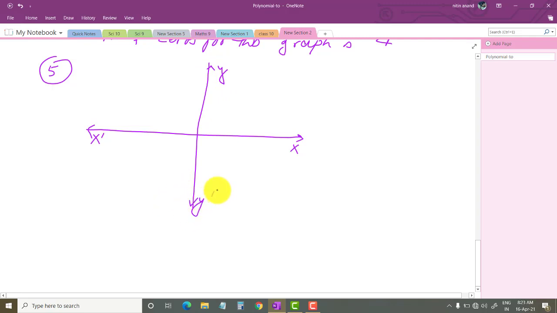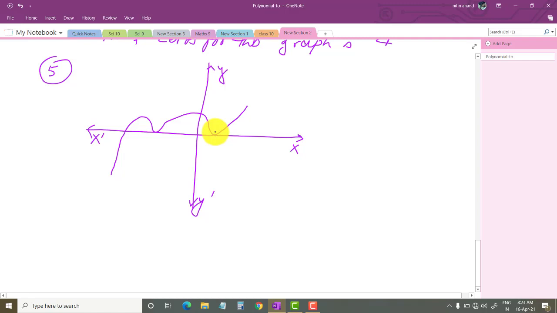See, the graph is like this. It starts from here, only touches and goes upward, and then once again only touches and goes upward. This is only a touching point.